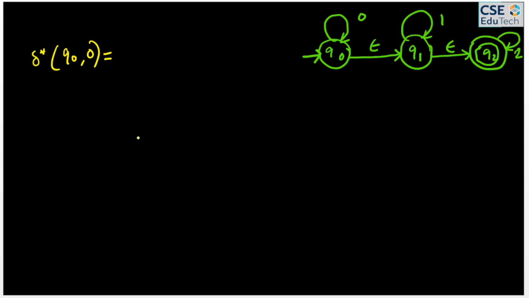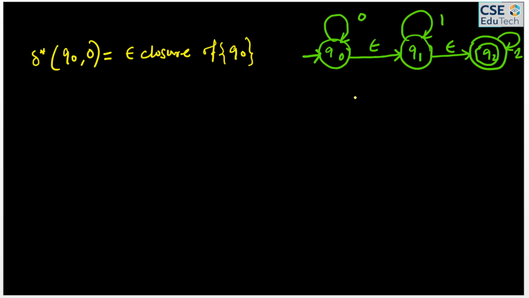What are the possible states that we can move to? We can find by using the epsilon closure of Q naught. We have already discussed why it is the epsilon closure of Q naught.